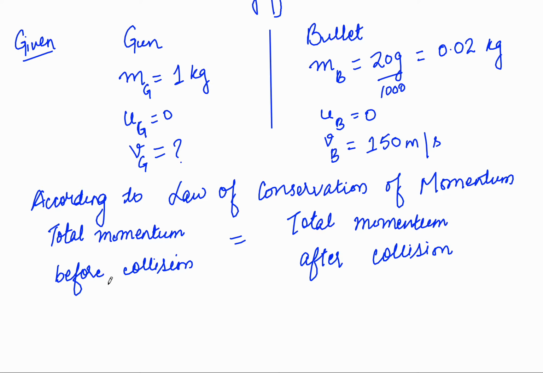So total momentum before collision will be the sum of initial momentums of the gun as well as the bullet. So let's write it down. mg into ug. This is the initial momentum of the gun, plus the initial momentum of the bullet.